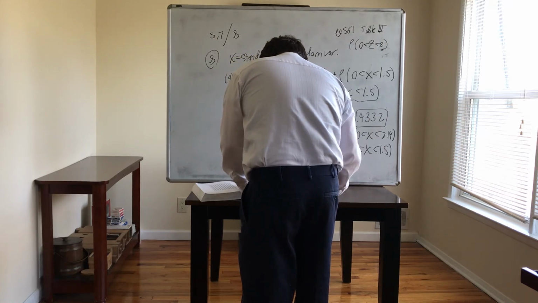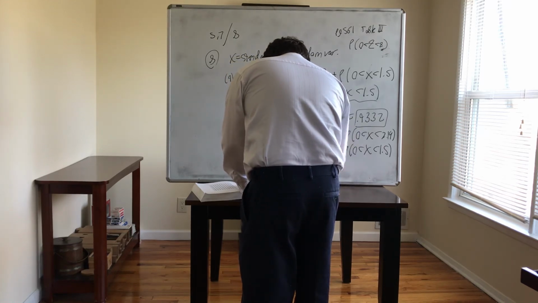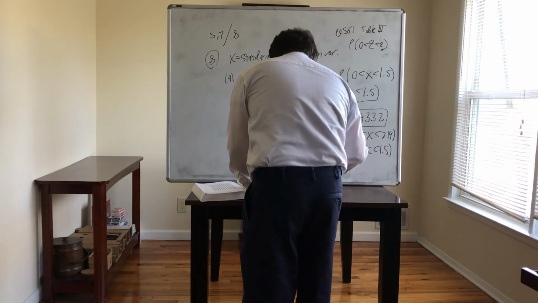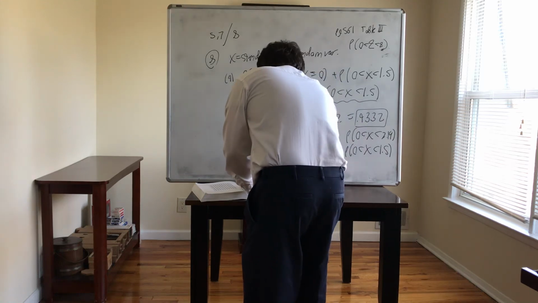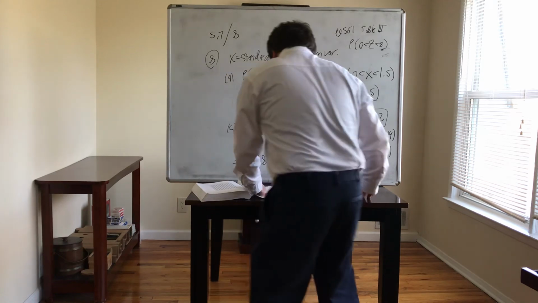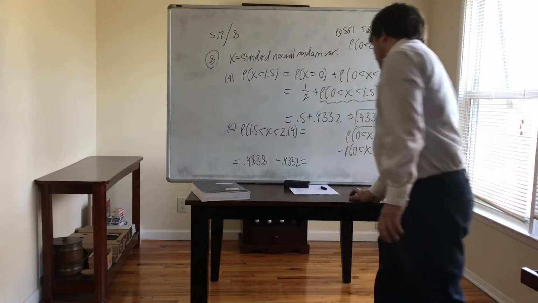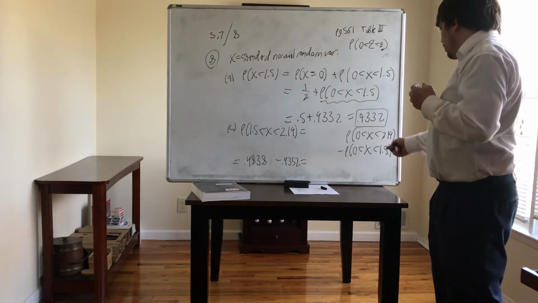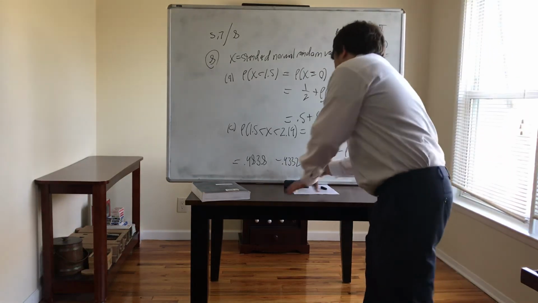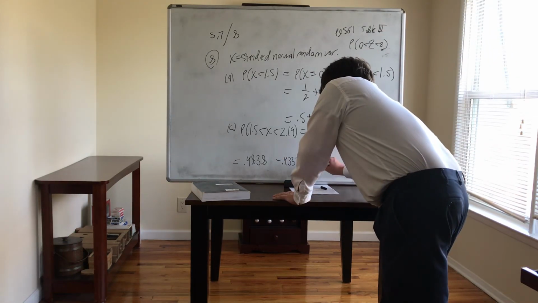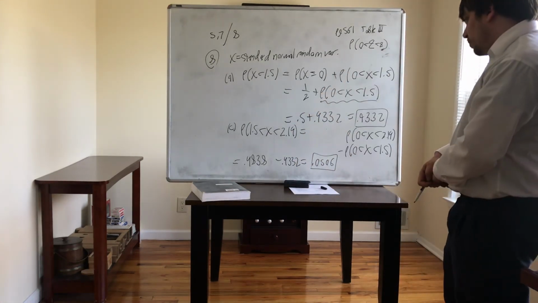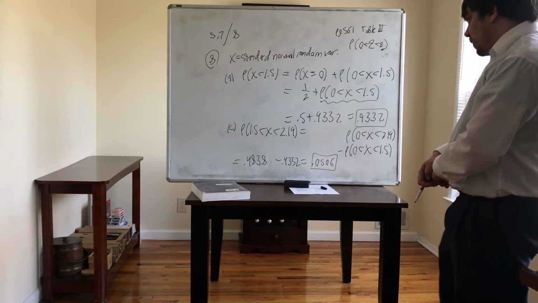So 2.14 is 0.4838, minus 0.4332. So it has to be between 0 and 2.14 and not between 0 and 1.5. And so then you subtract those two values and you get 0.0506. Okay, and so that's the answer.